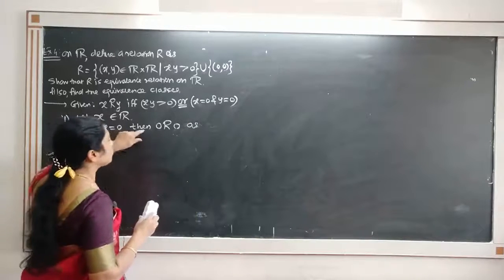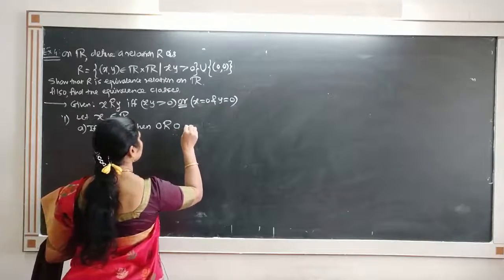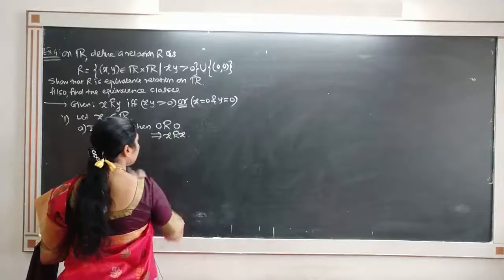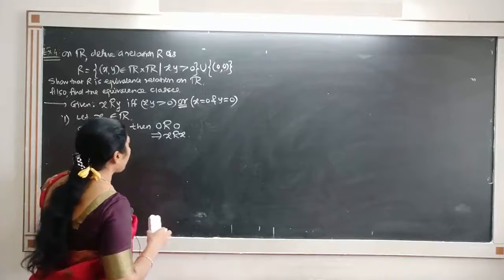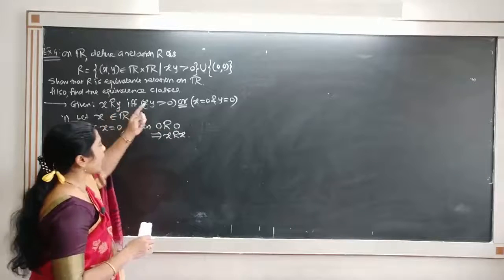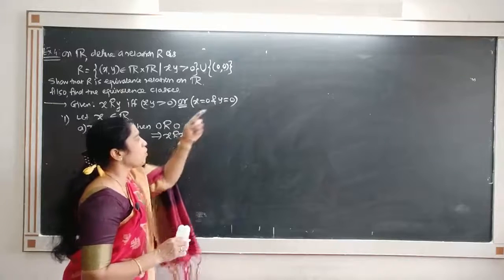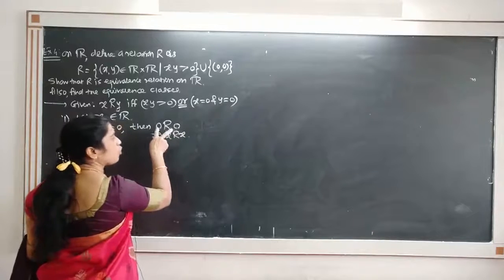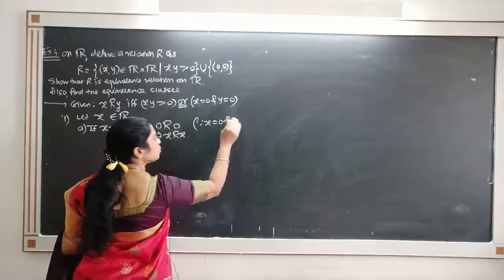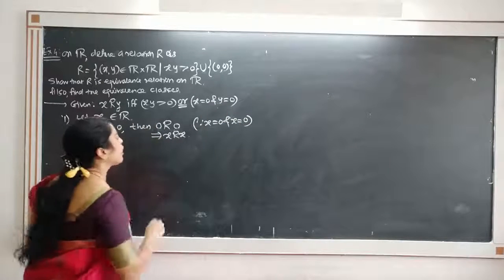If x is equal to 0, then 0 is related to 0 by this definition, which implies that x is related with x in the first case. When we say related, either the product should be greater than 0 or x is also 0 and y is also 0, that is both are 0. Here y is nothing but our x. This condition is satisfied and therefore x is related.